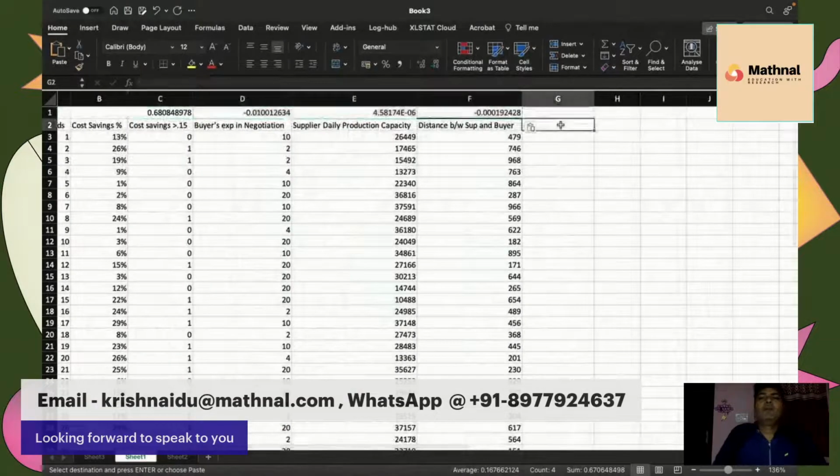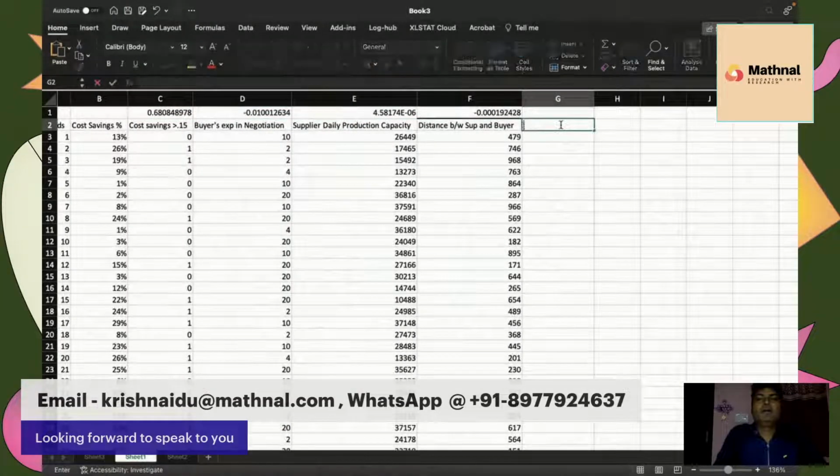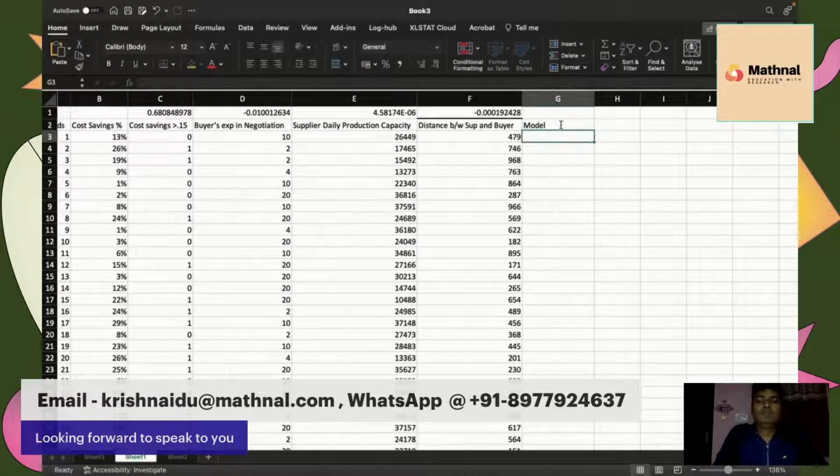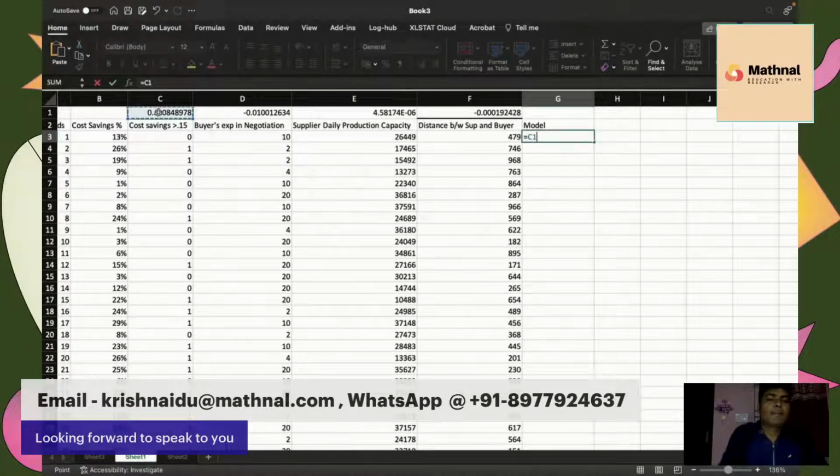Okay, and now I'm going to create my model prediction. First model. So here I'm going to take my intercept as a constant. I'll freeze this, right?